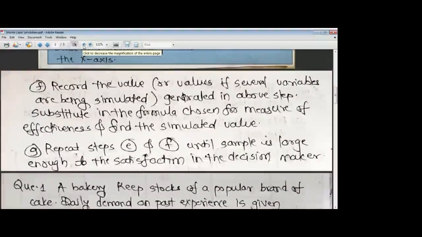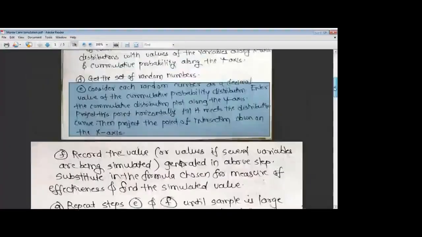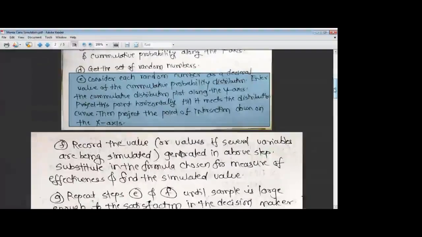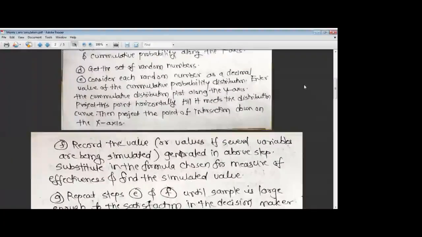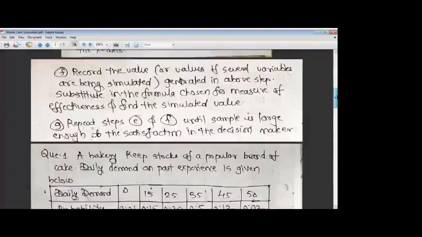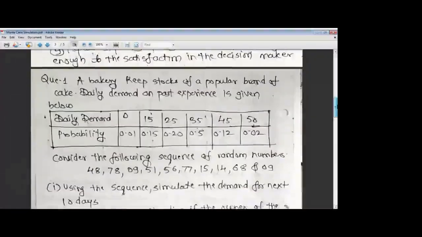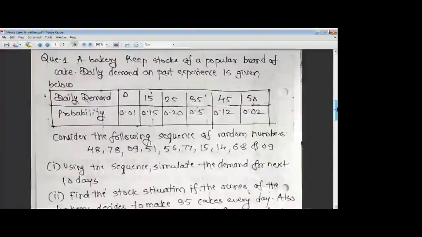I'm not going to explain this highlighted point in much deeper sense, because it is just a generalized way of telling you how the Monte Carlo simulation works. We'll actually see it in the numerical, and we will be amazed to know that what we have seen up till now, only until the identification of the random numbers, these steps match, and the other steps we'll have to handle in some different manner.